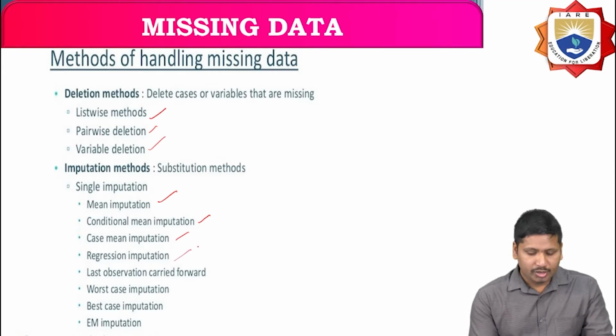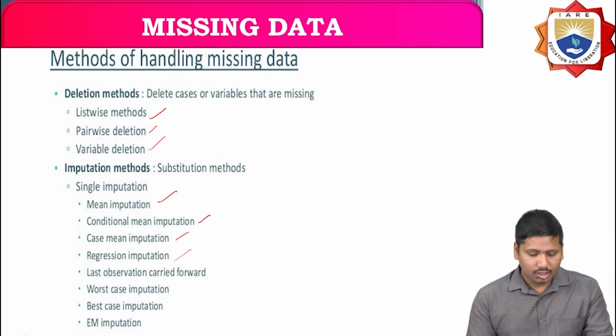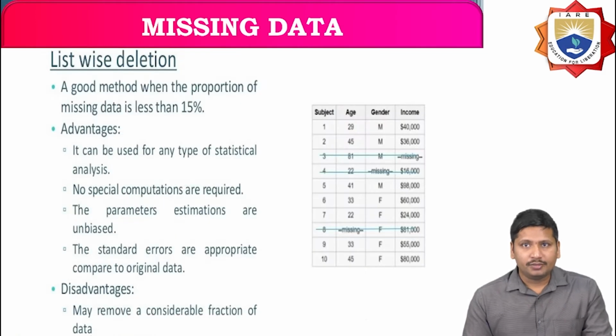And then regression: based on some regression equations also I can fill the missing value. And then last observation carried forward, which means the value that I filled previously is going to be filled into that missing value. And then worst case imputation, best case imputation, and then EM imputation. So these are the different types of imputation methods we have for handling the missing data.